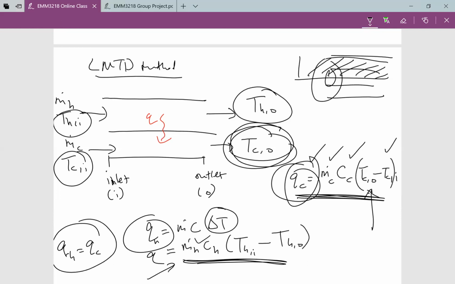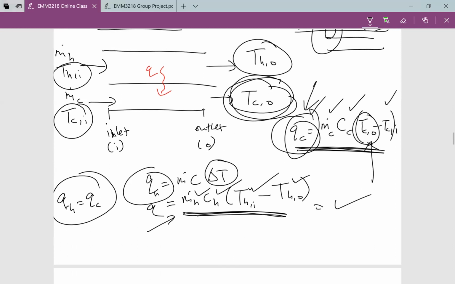So you need the M dot hot, C hot, T hot in, T hot out. So you get Q, then you can plug in here and solve for T cold out. So something like that. Okay. Any question?